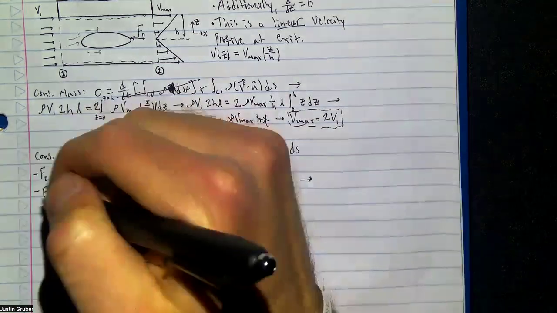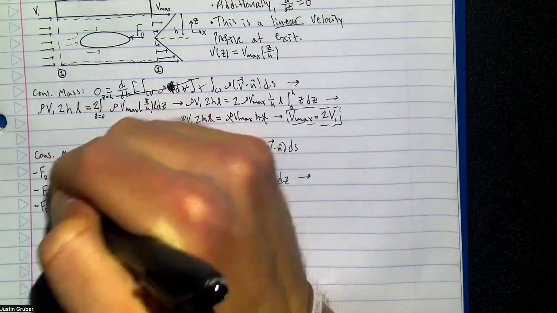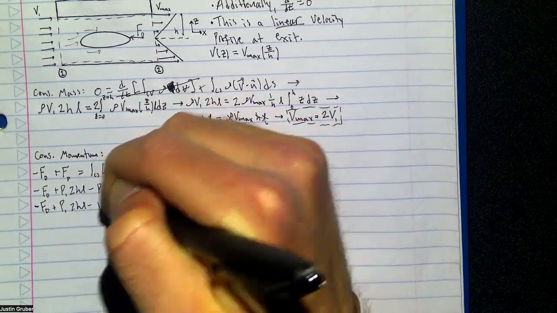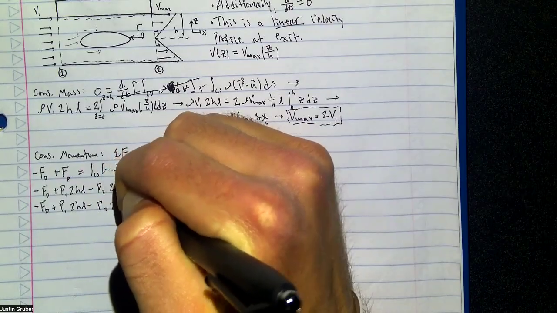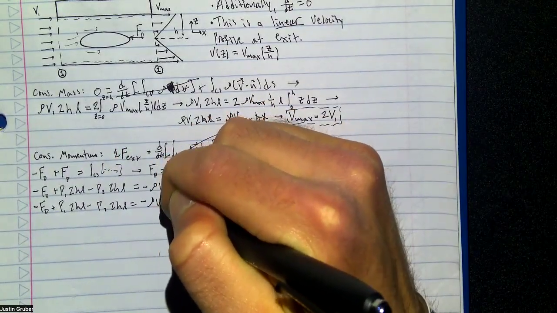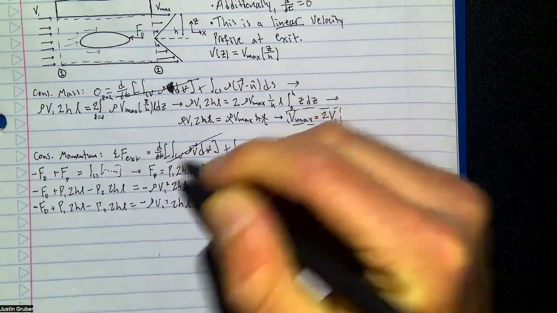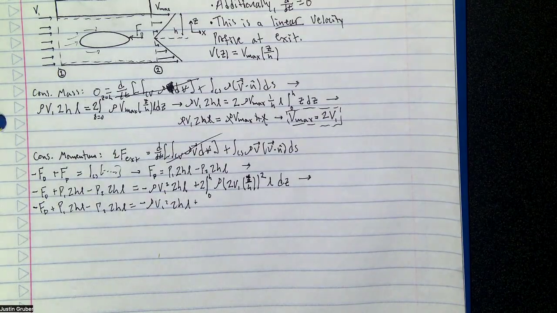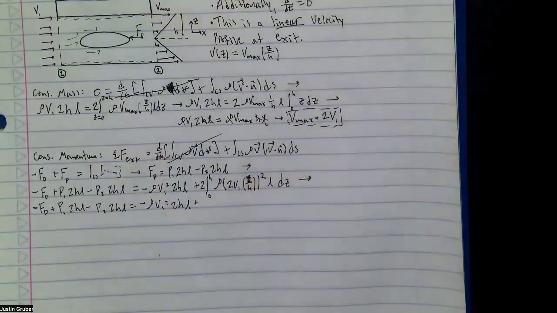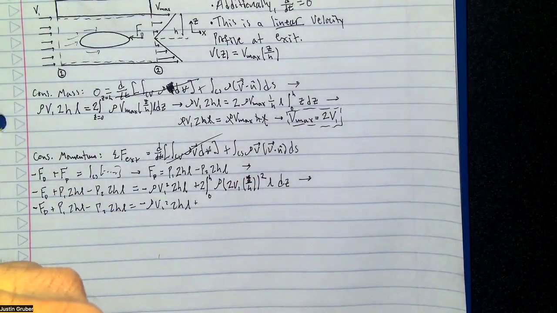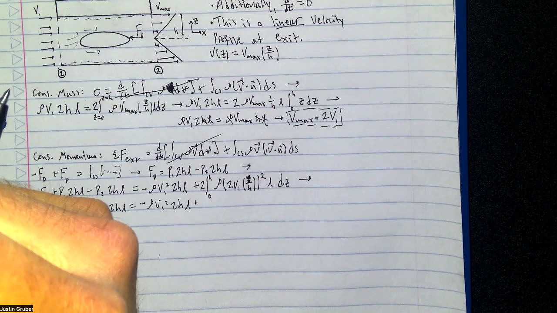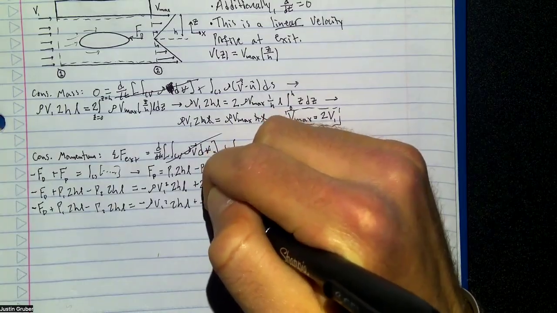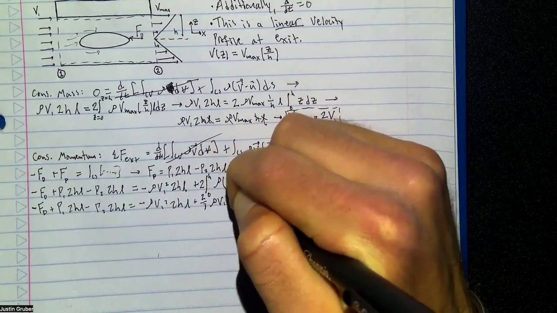You end up getting negative rho v1 squared 2HL, plus this factors out to a really nice, easy number, 2/3 rho v1 squared HL, which is pretty nice.